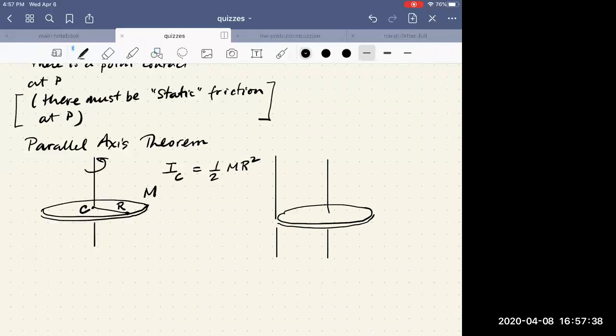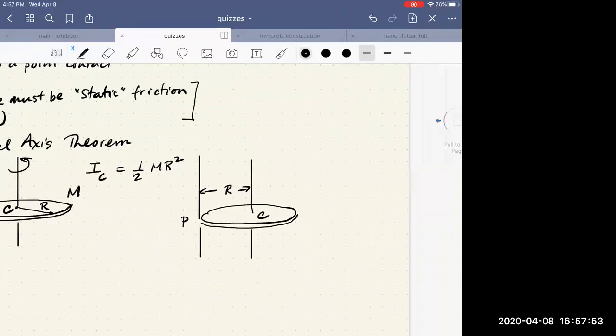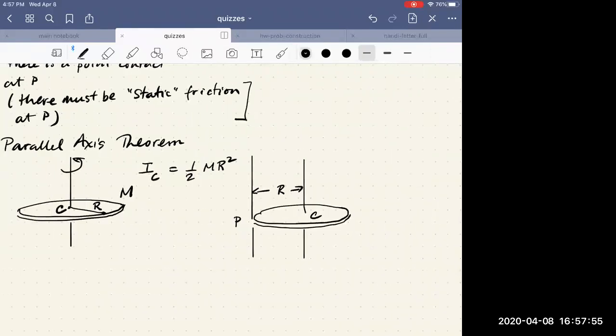This was C, let me call this P. And because it's at the edge, this distance here is R. What the parallel axis theorem tells us is that the moment of inertia of this disk I about P is the same as the moment of inertia about C, which is 1/2 mr squared, plus m times r squared, where r in this case is this distance.